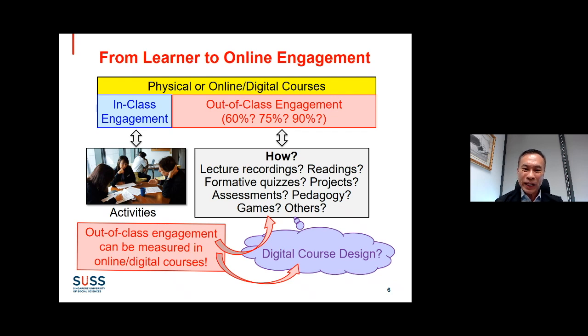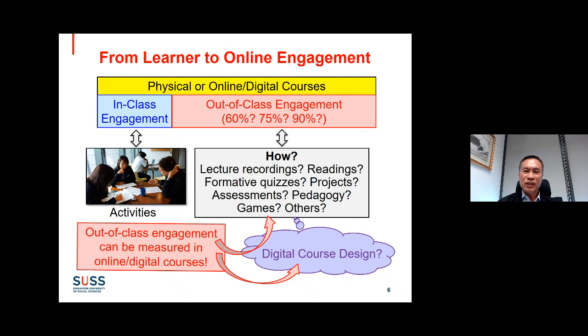And the topic today is, can we actually apply data analytics to help us with digital course design, so that when we design our online courses and virtual classes, we can encourage, we can promote, we can maximize engagement of the learners to help us maximize course satisfaction, performance and learning, and course graduation.